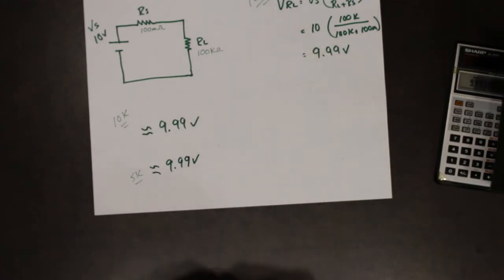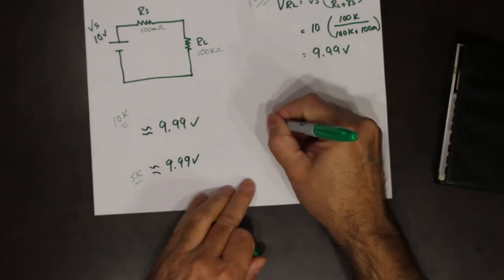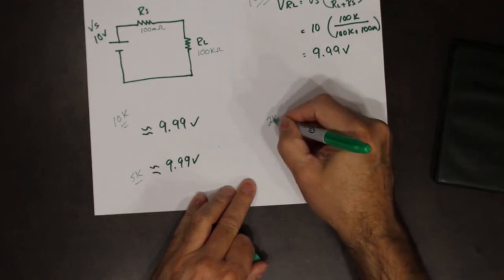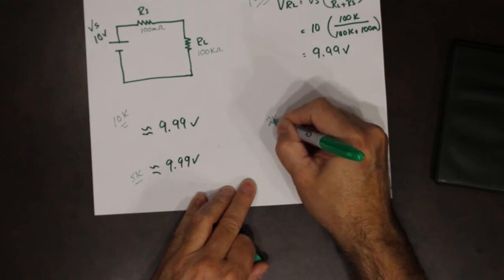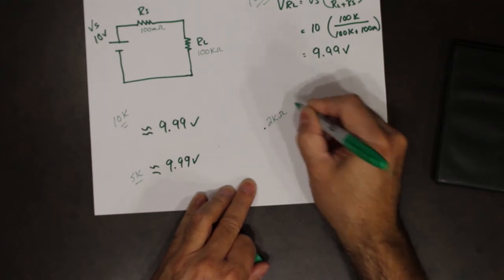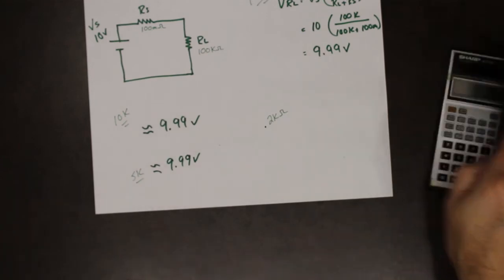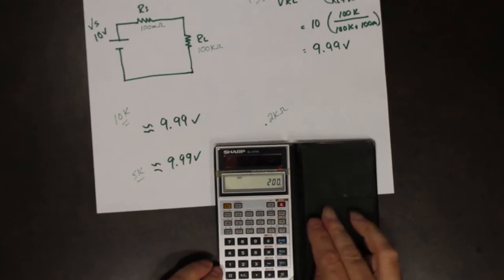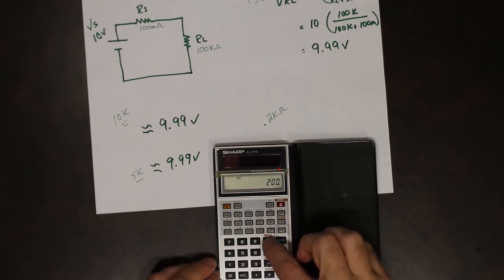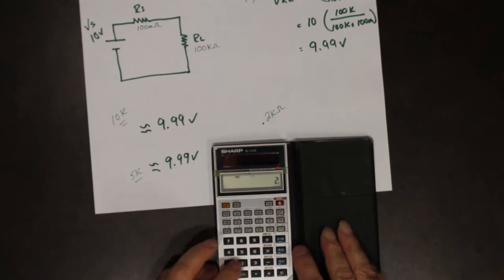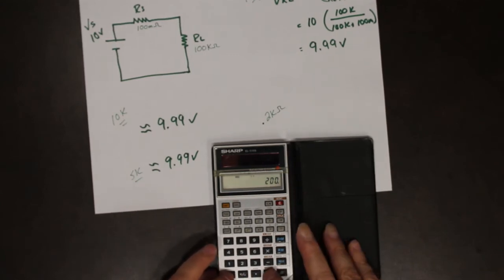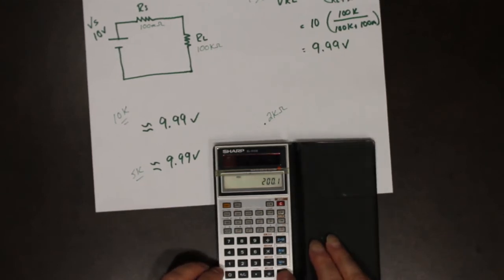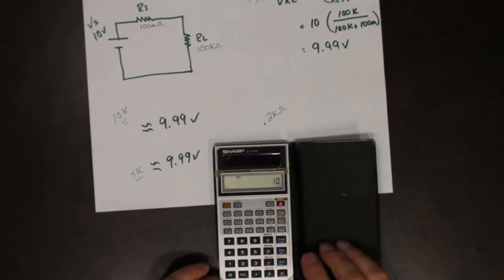Even if we really change that value and we drop down to, let's say, 2K. Let's make it even smaller than that. Let's say 0.2K, so 200 ohms. Let's see what our difference is now. So we've got 200 ohms divided by 200 ohms plus 0.1, so there's 100 milli, times 10.